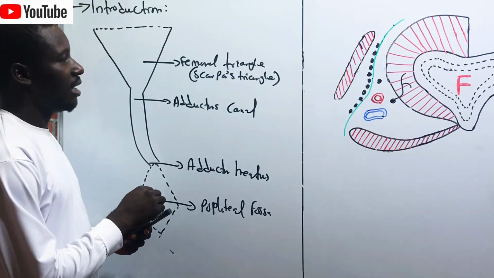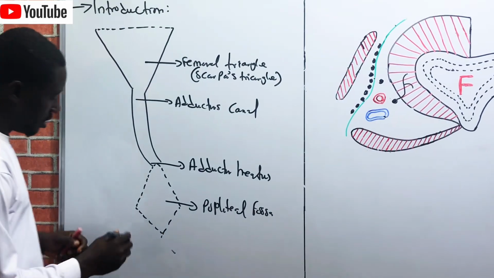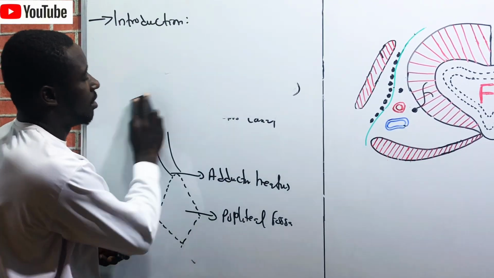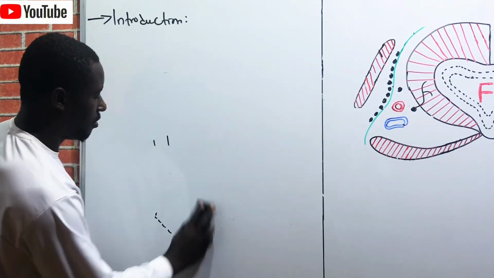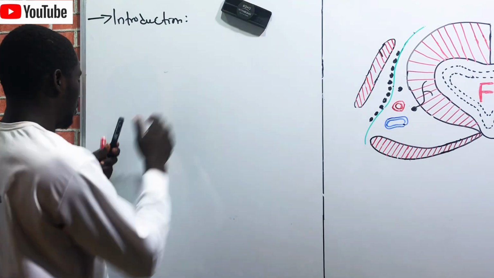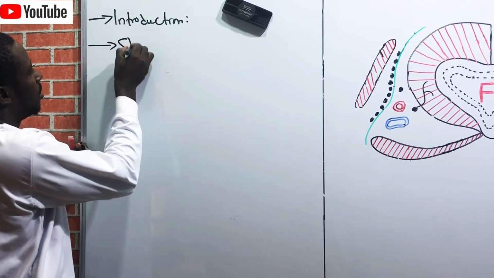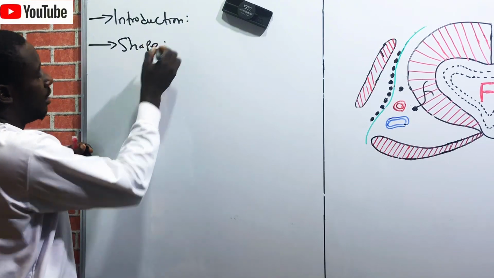The next in line that we'll be looking at is the shape of the adductor canal.